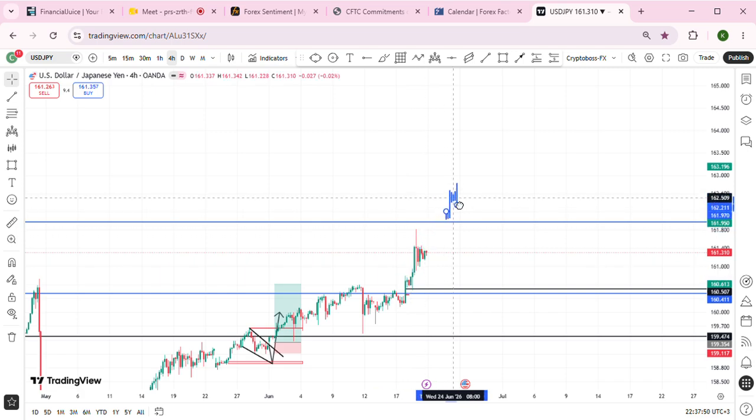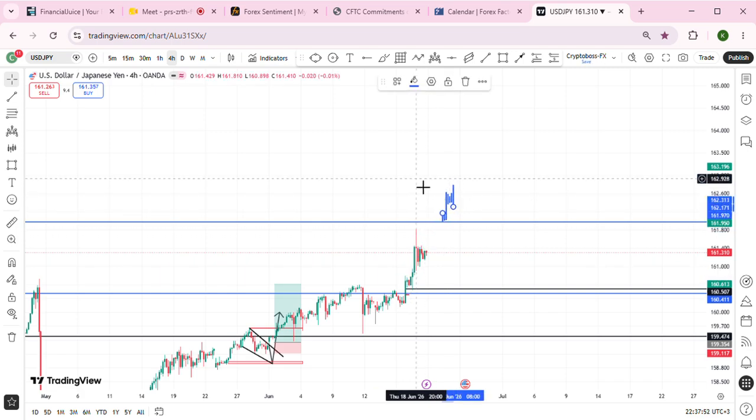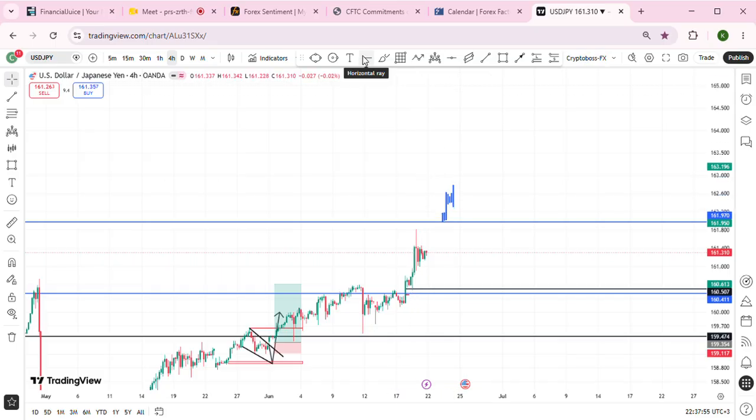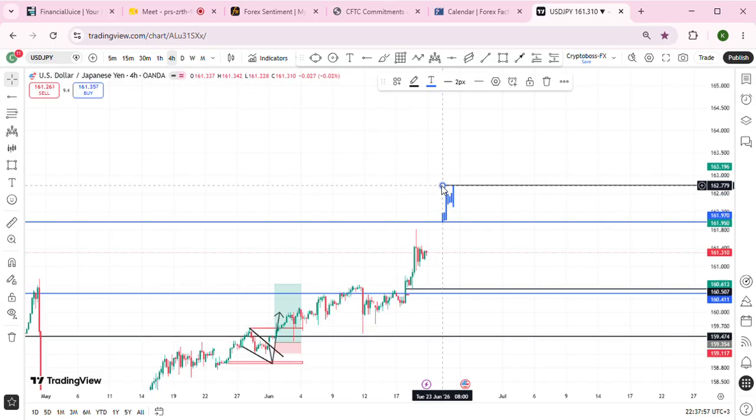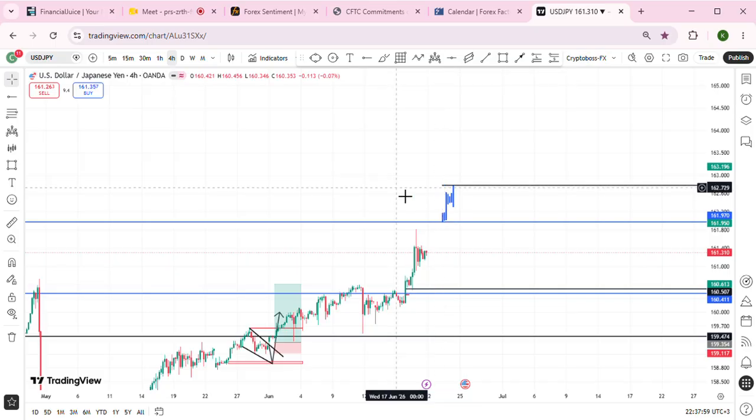So if the market goes above that level, I can expect it to come to this 162.77.